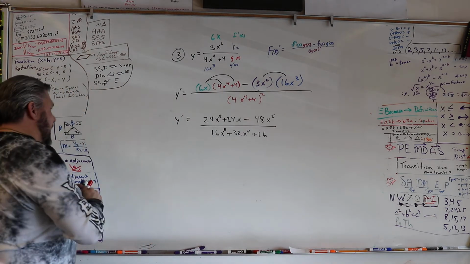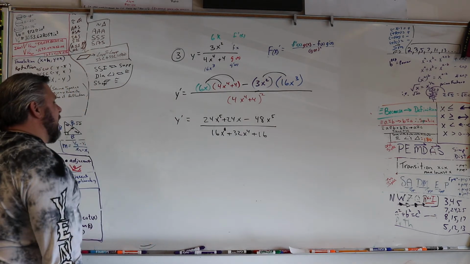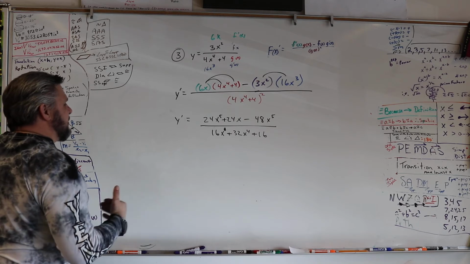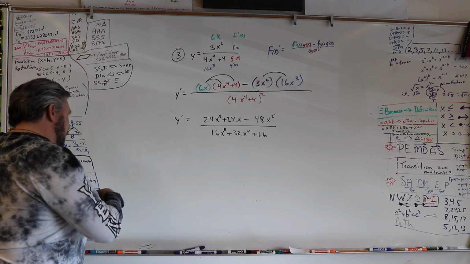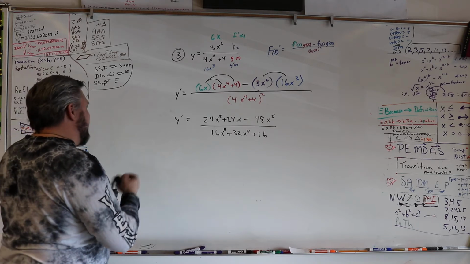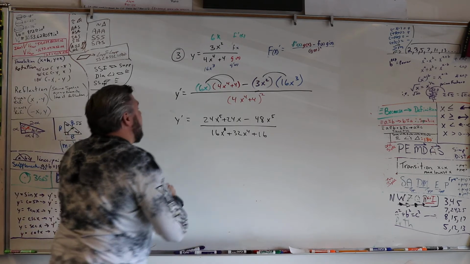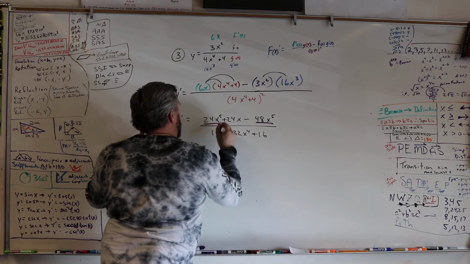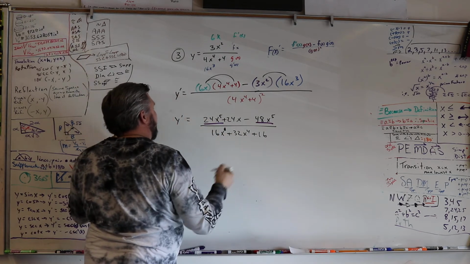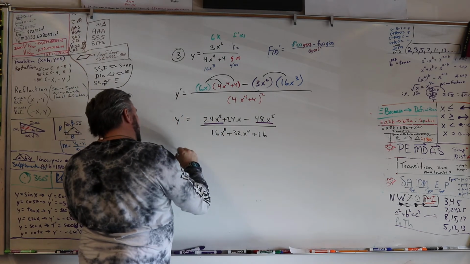So that's great, but we can start pulling some things out. Now, I can also put something together first. The first thing I can put together is this: those are x to the fifths. So let's put those together.